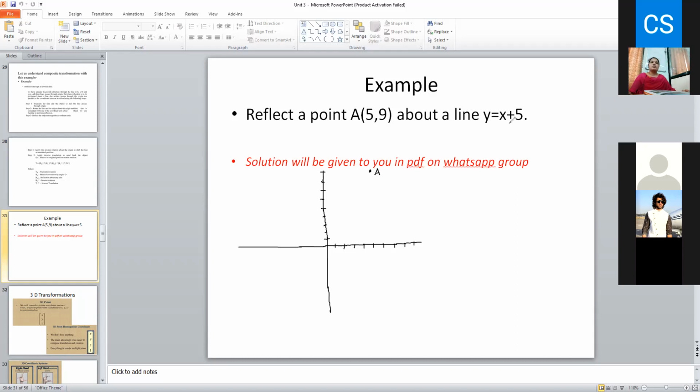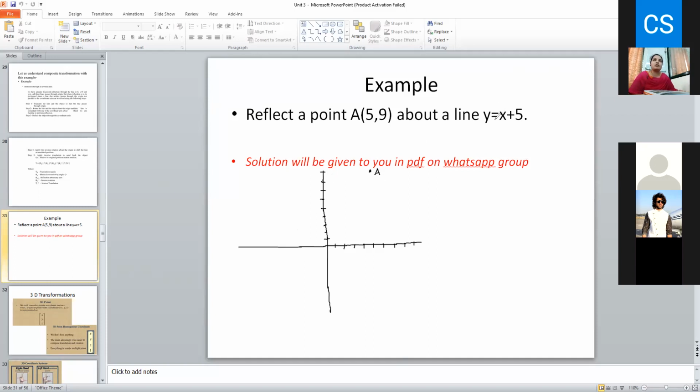Consider x equal to 0. If I put x equal to 0, what is the value of y? y equals 5.